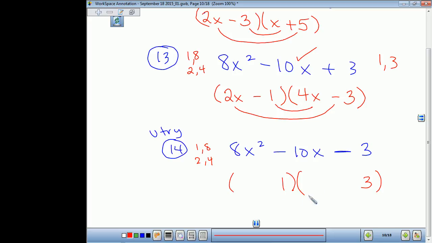So I'd have different signs with 6 and 4. But if I put a 4 here, I get 12. And a 2 there gives me 2. So if I make that a negative 12 and a positive 2, does that give me negative 10?